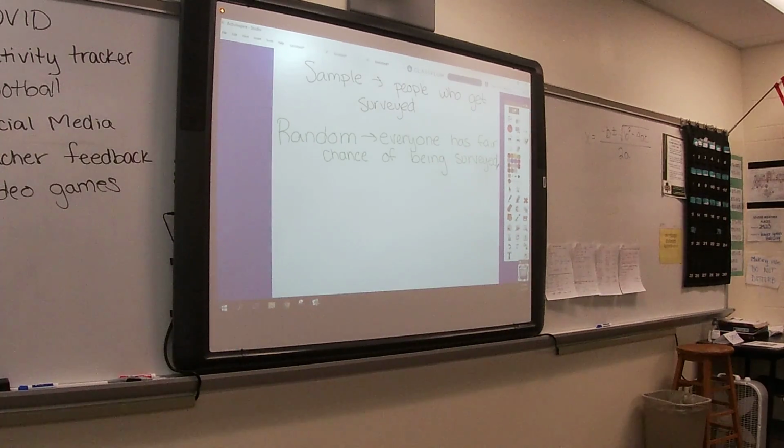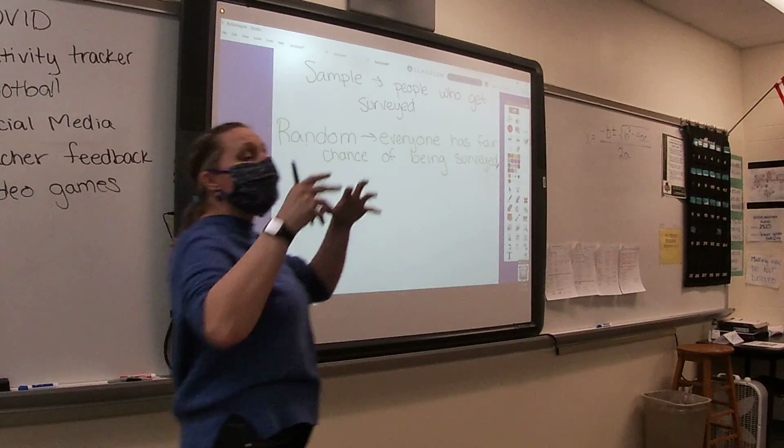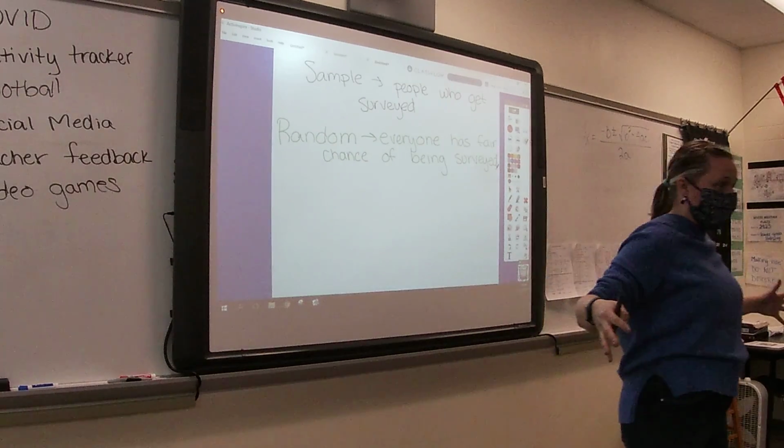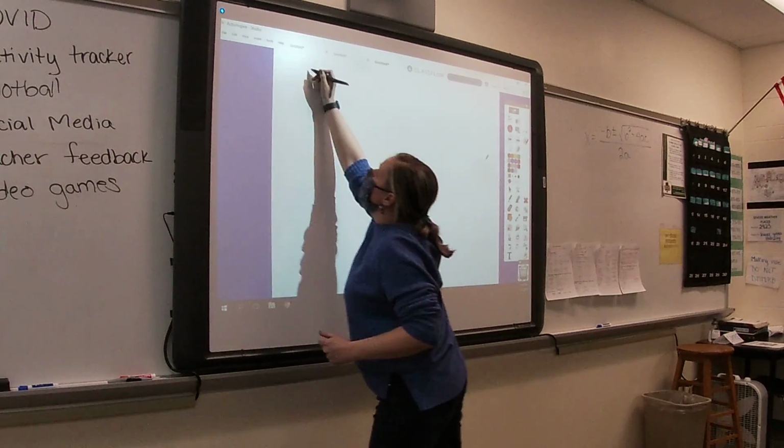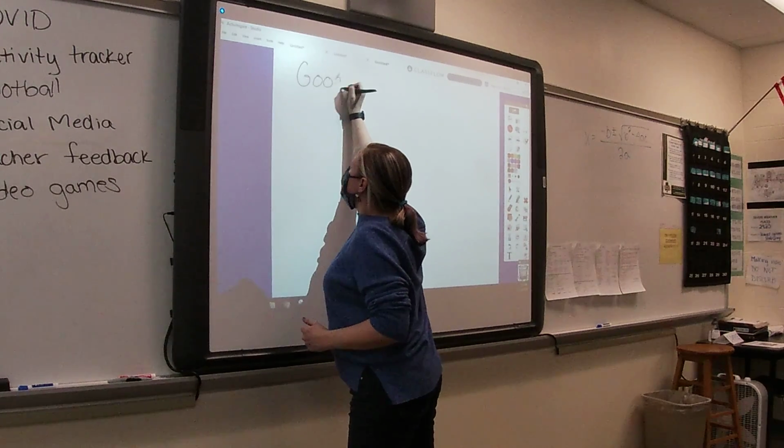Because it has an effect on the data and what's reasonable to use. While we might not know exactly Carmel's breakdown, if we know Westfield's breakdown, we can probably make a good prediction about Carmel's breakdown because they have a similar breakdown of subgroups. That's what makes something a good sample.